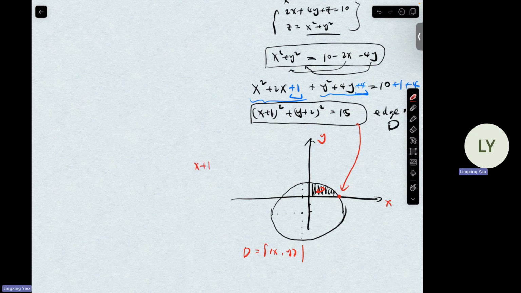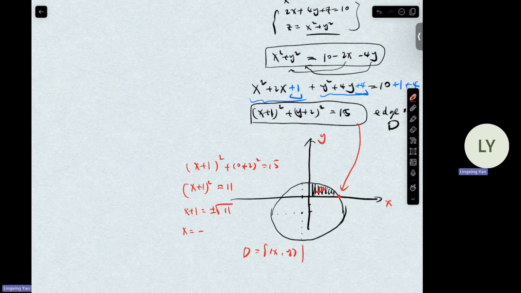We have x plus 1 squared plus 0 plus 2 squared equals 15, right? So we have x plus 1 squared equals 15 minus 4, which is 11. And so x plus 1 equals plus or minus square root of 11.